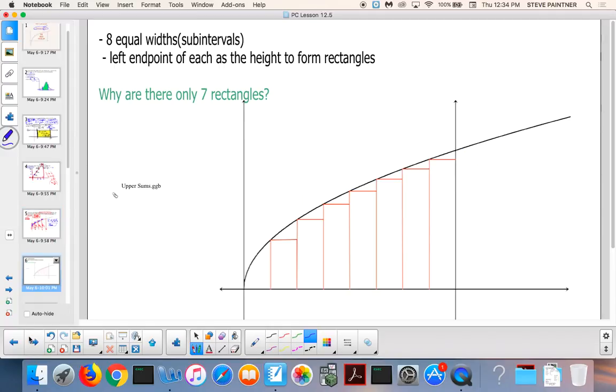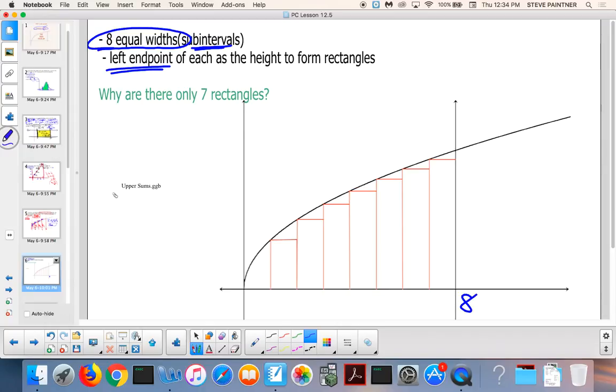Next, let's do this one. It says, now take that same graph and do how many equal widths? 8 equal widths, or what they call subintervals. And do a what endpoint? A left endpoint, using each as the height to form rectangles. So here's 8.